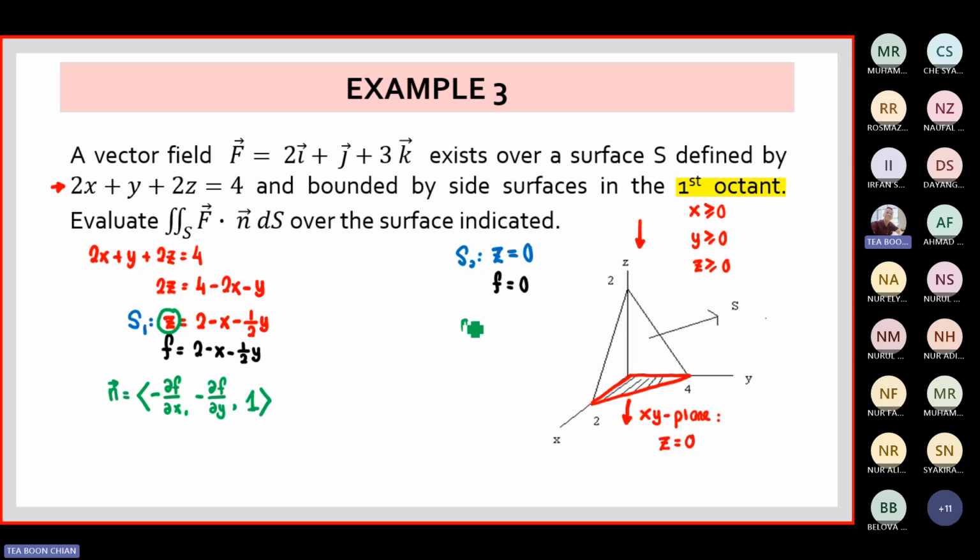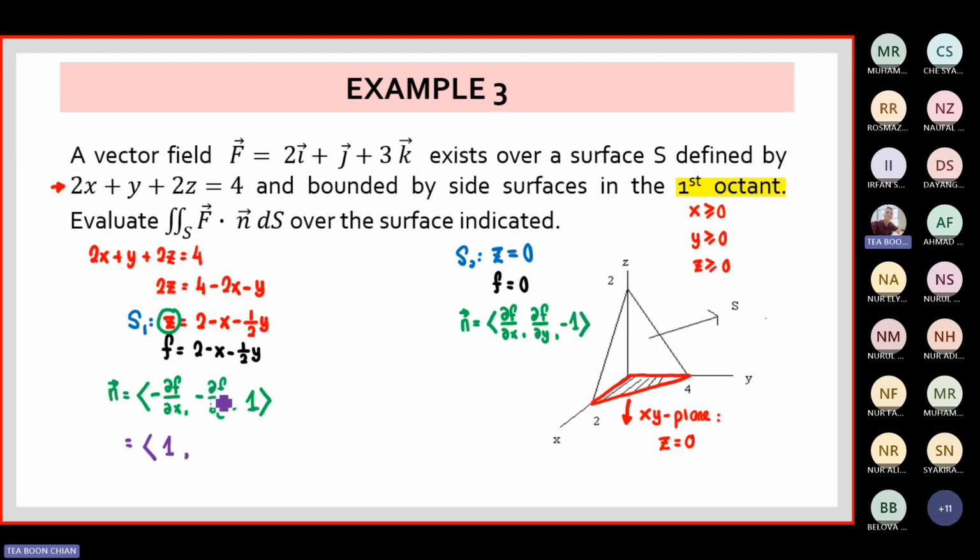Same goes to here. The normal vector n, because S2 is acting downward, this gives you positive differentiate f with respect to x, differentiate f with respect to y, and this is negative 1. Okay, opposite sign. So by right, for the calculations of this normal vector, if you differentiate negative x, you get negative 1, but negative of negative 1 gives you positive 1.